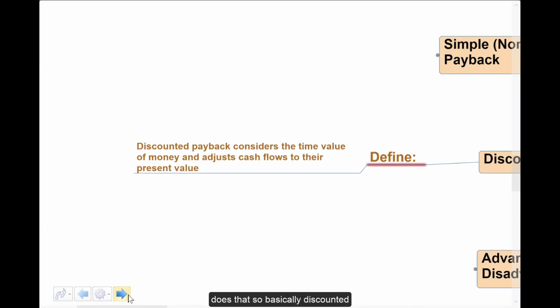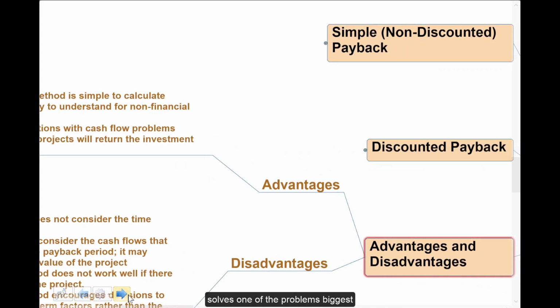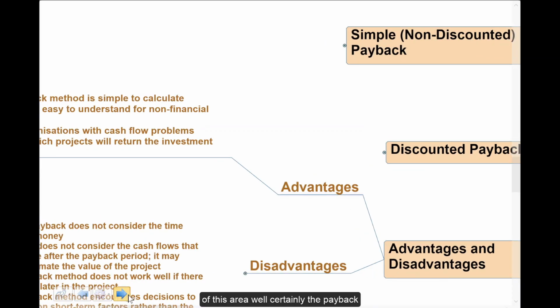Discounted payback does that. So basically, discounted payback, as you guessed, adjusts the cash flows, but uses the same method. In other words, the time on an adjusted cash flow basis to recoup initial outlays. So it solves one of the problems, biggest problem. Now, advantages and disadvantages of this area.